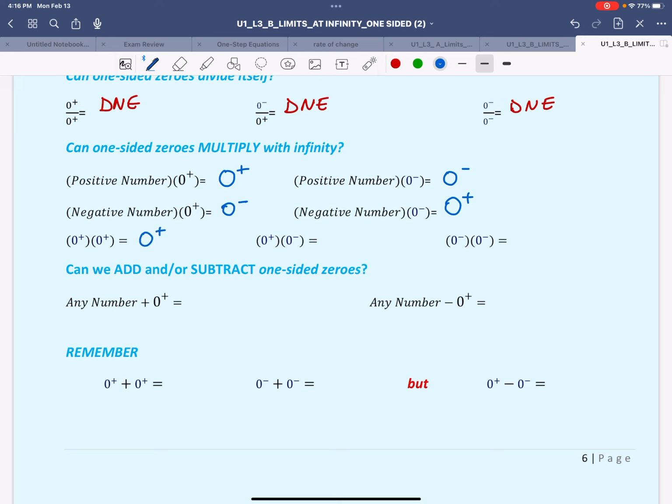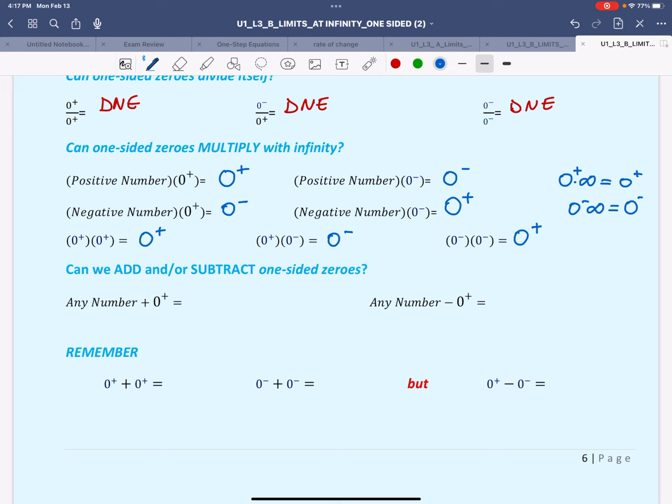A 0 plus with a 0 minus will give a 0 minus, and two 0 minuses will give a 0 plus. Now, when you multiply a 0 by infinity, that will give a 0. So 0 and infinity can cooperate with each other. So one-sided 0 with infinity. I think I forgot to mention that in here, but here we go. If you have 0 plus and infinity, that would be equal to 0. And 0 minus and infinity, that would be equal to 0 as well. Obviously 0 minus, and this one here is a 0 plus, and so on.